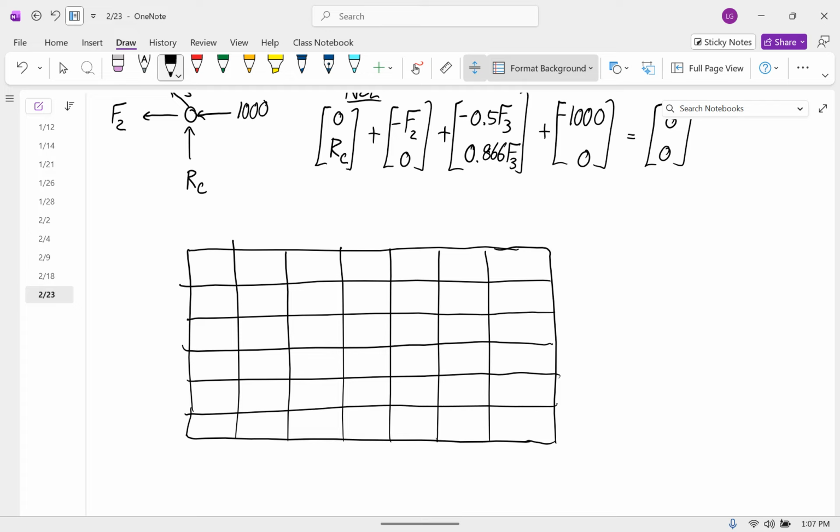Okay, so for variables, I'm going to say F1, F2, F3, RAX, RAY, and RC. And then these are the constants. My equations 1, 2, 3, 4, 5, 6.